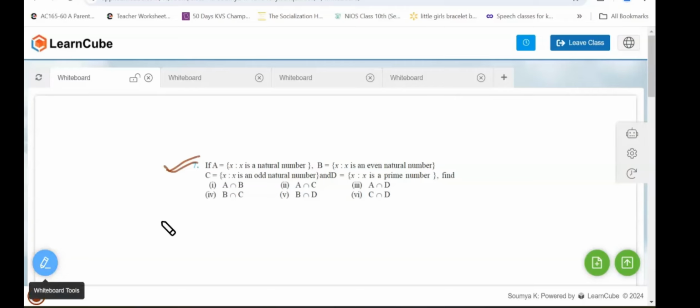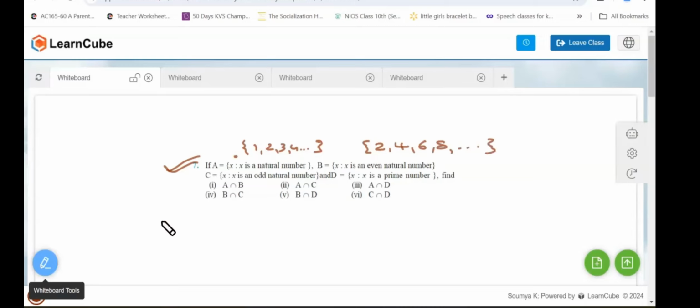Seventh question, that is, A says it's a set where x are the elements and x is a natural number. That means it starts with 1, 2, 3, 4 like that. So this is A set. B set says it is even natural number. That means it starts with 2, then goes on 4, 6, 8 like that.